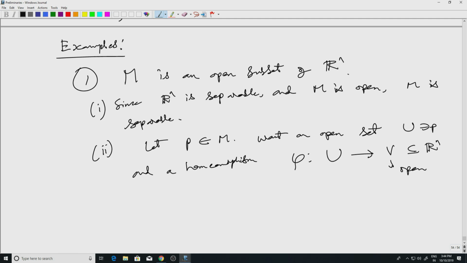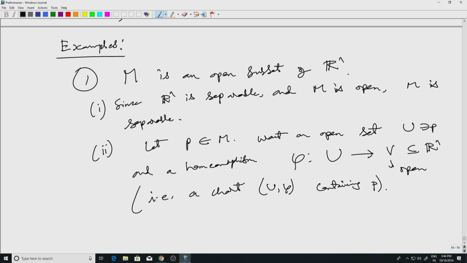So in other words, I want a chart containing P. This pair we have already called a chart (U, phi) containing P. So given any point I should be able to construct this.